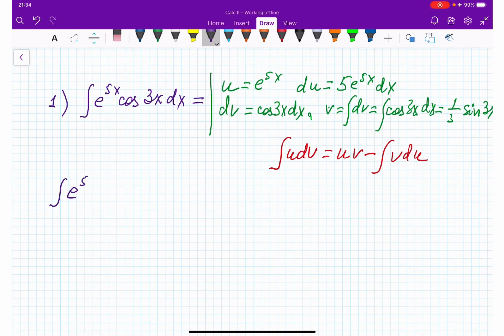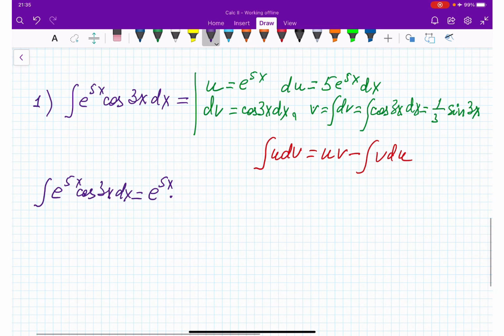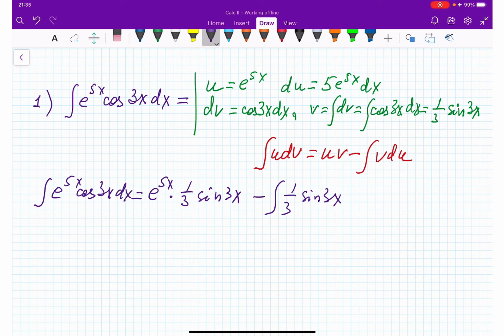Integral e to power 5x cosine 3x dx is equal e to power 5x, my u, times v. V is going to be 1/3 sine 3x, and minus integral v, which is 1/3 sine 3x, and du, which is going to be 5 e to power 5x dx.